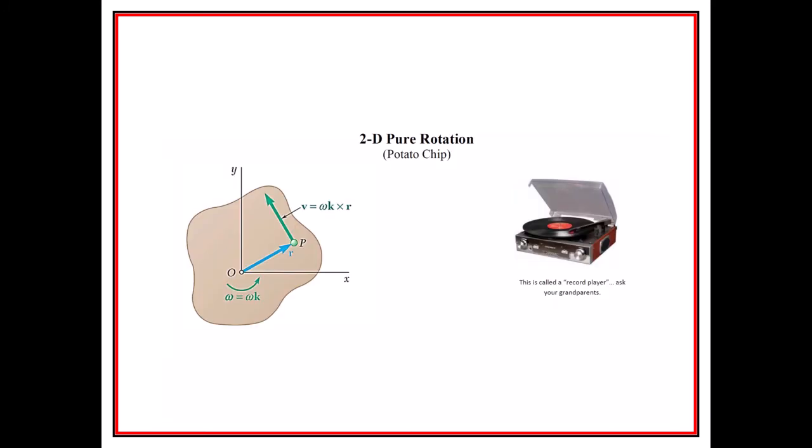In two-dimensional pure rotation, this is going to look like this right here, where this is the position vector, and we're going to find that velocity with that cross product. We know in 2 dimensions that omega is just going to be the omega scalar value times k right there, and then that position, and we'll see that that velocity is going to end up actually being perpendicular to the position vector.